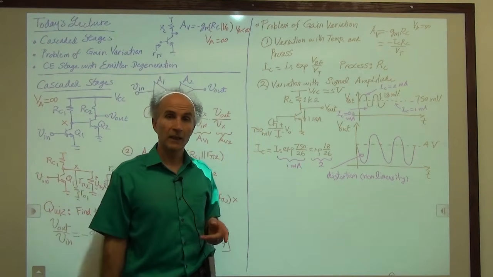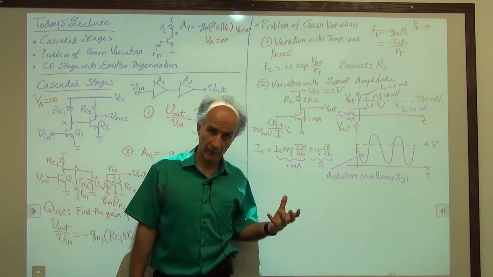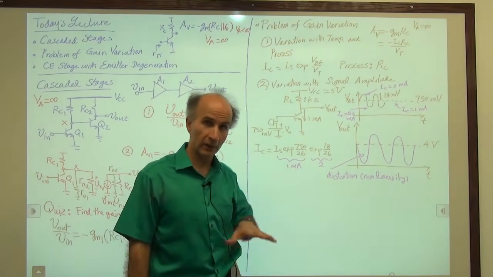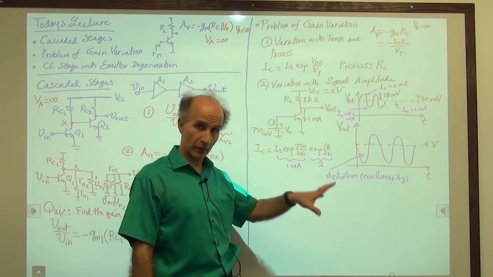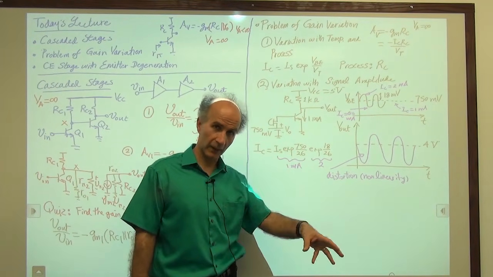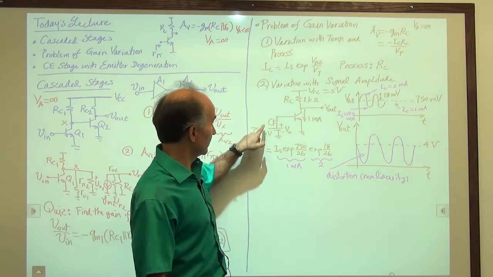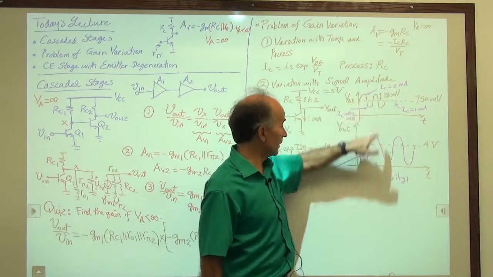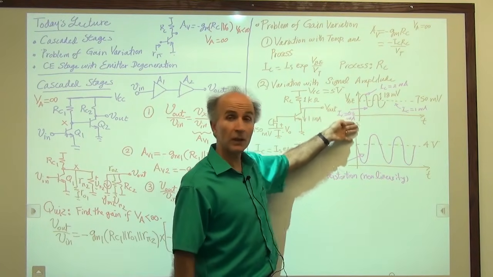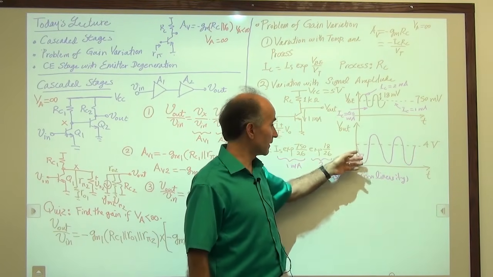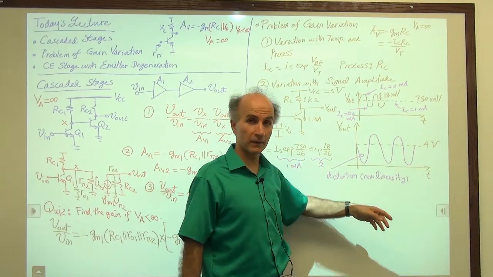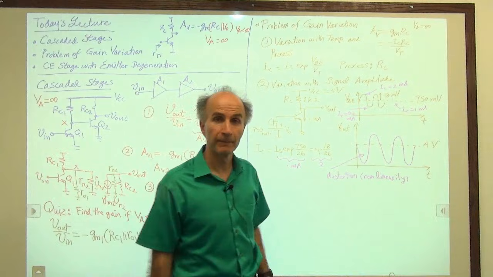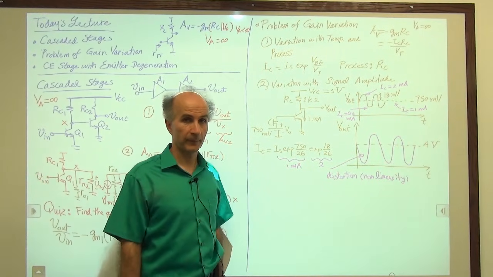So interestingly, the voltage gain of a common emitter stage varies not just with environmental issues, including temperature and process and manufacturability, but also with the signal level that's coming in. The larger the signal excursion, the wider this current range will be, which means the more the gain changes. The gain will be some amount here, much more here, much less here. And that's a problem.